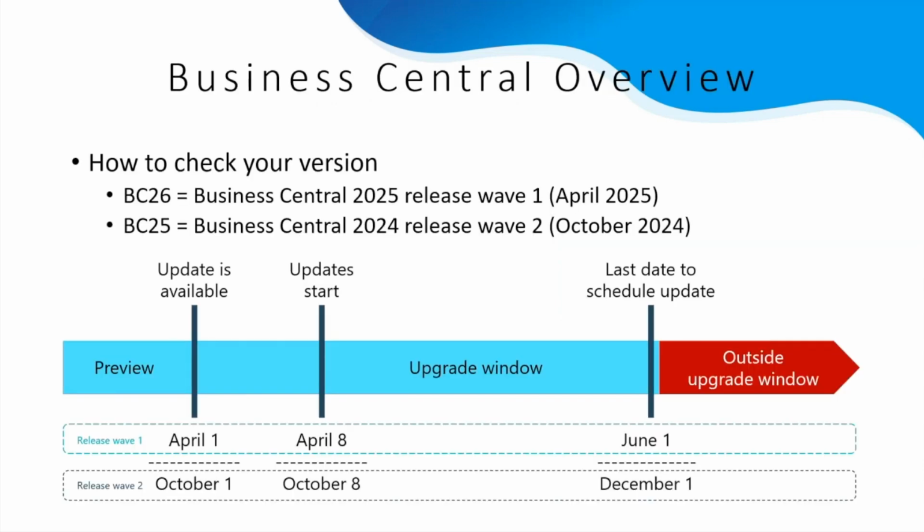So in Business Central, for different versions, I think it's always good just to check for the version that you are currently on. And how do we check for the version? It's just a quick presentation slideshow that I've put together to show when major and minor releases and updates in the Business Central world happen.